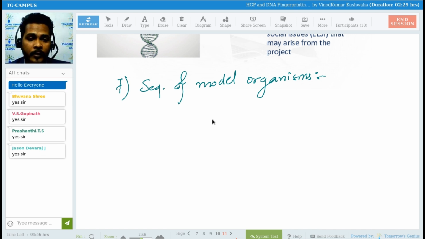So what is the goal of sequencing the model organisms? Basically, non-human organism DNA sequences can lead to an understanding of their natural capabilities that can be applied towards solving challenges in healthcare, because many bacteria are pathogenic. Sometimes we get bacterial infections in our body, right?